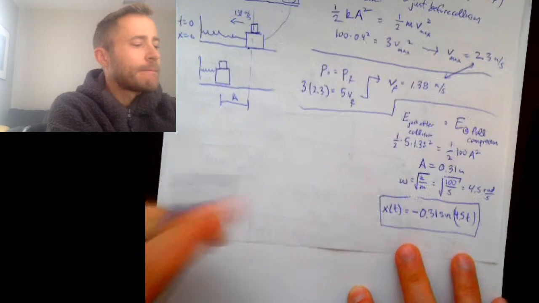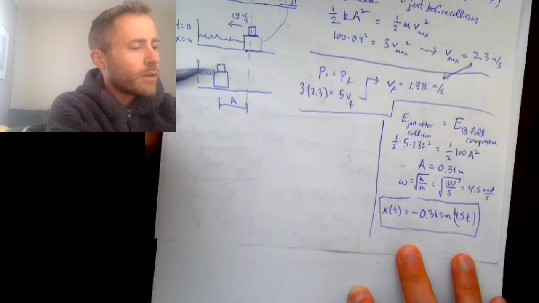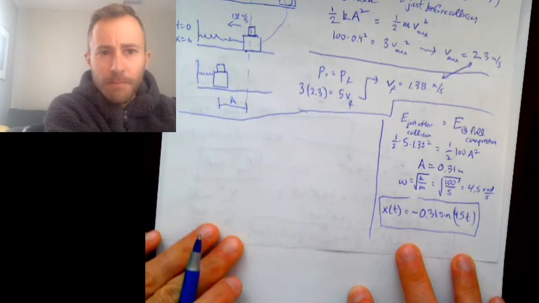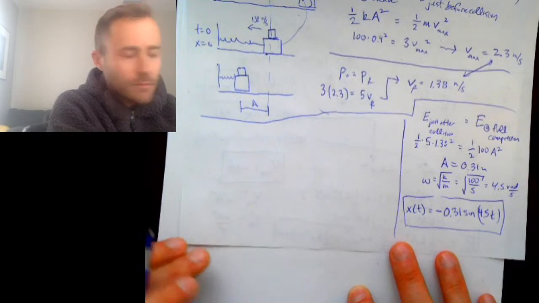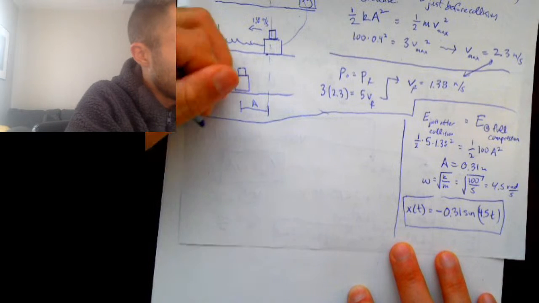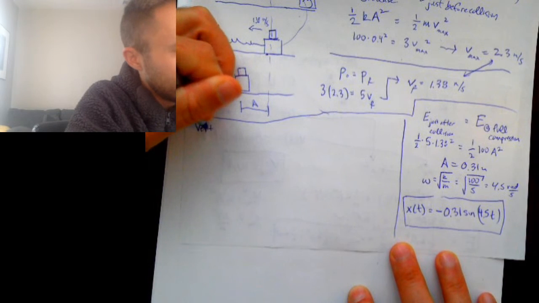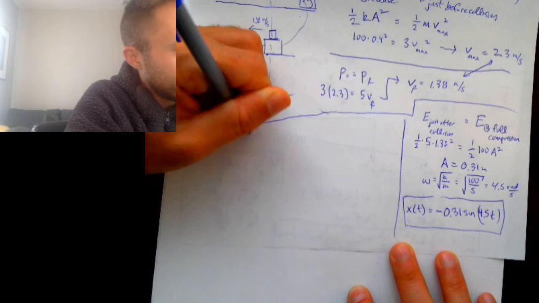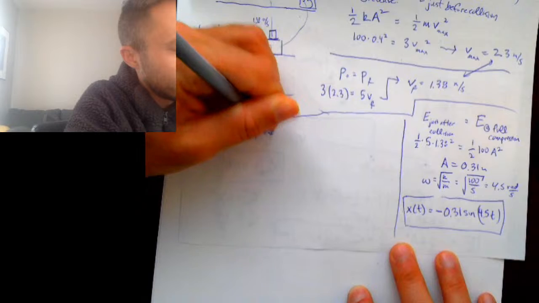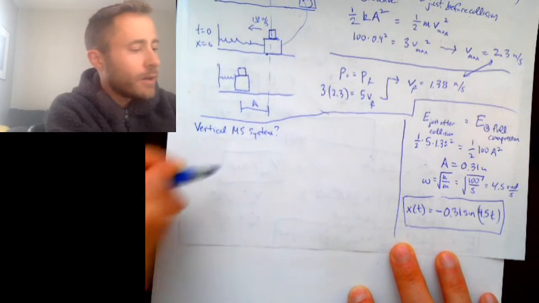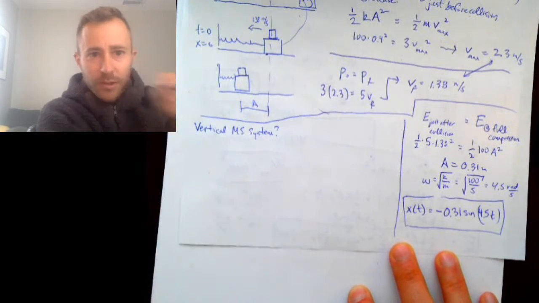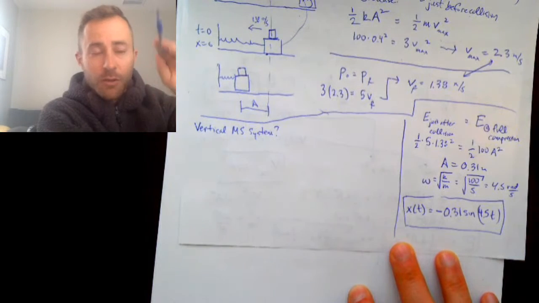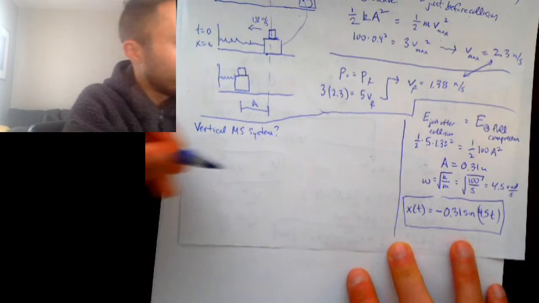All right. So just a quick last thing that I wanted to talk about is what if we have a vertical mass spring system? Instead of the mass going side to side, it's going up and down. So now gravity is impacting the motion.